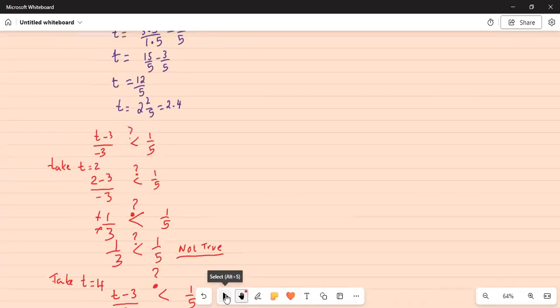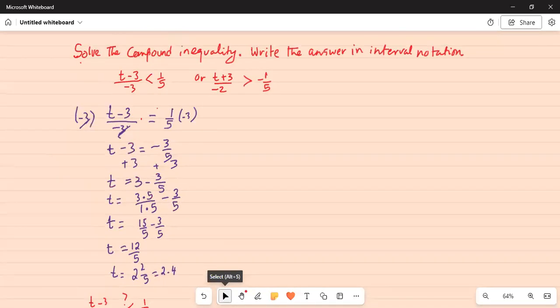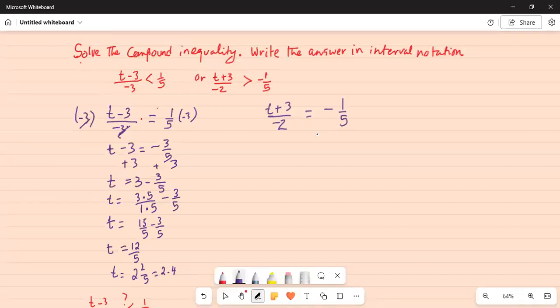The other inequality is (t plus 3) divided by minus 2 greater than minus 1/5. We will solve the equality equal to minus 1/5. So I will multiply by minus 2 on both sides. This minus 2 cancels with this minus 2.